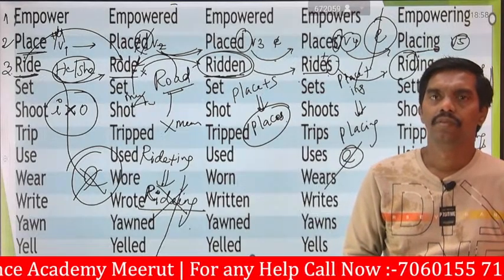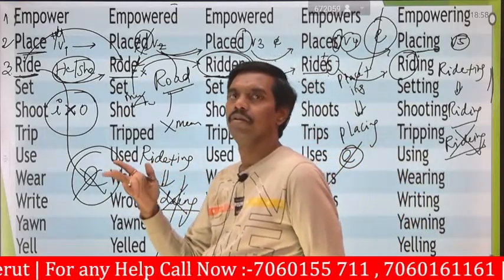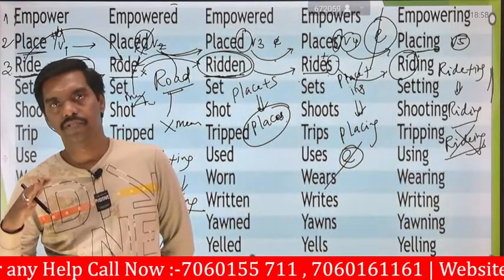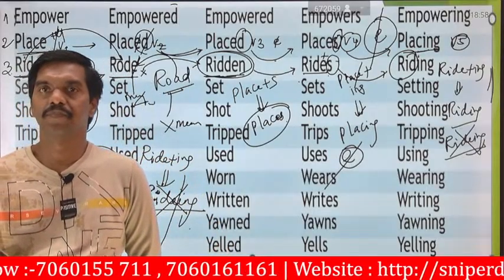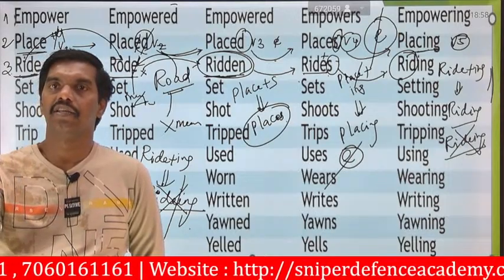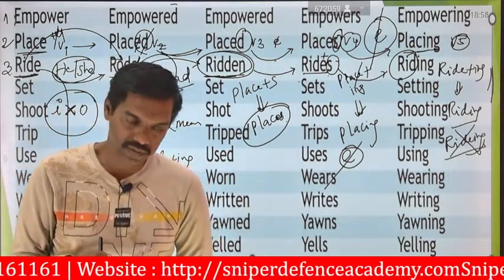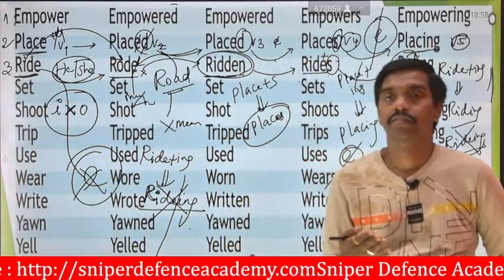Okay, so ride will be transformed to road, not R-O-E-D, R-O-A-D, it's road, and it will be transferred to ridden, ridden to rides, and rides to riding. So once again, you pronounce it. From the beginning we will start.